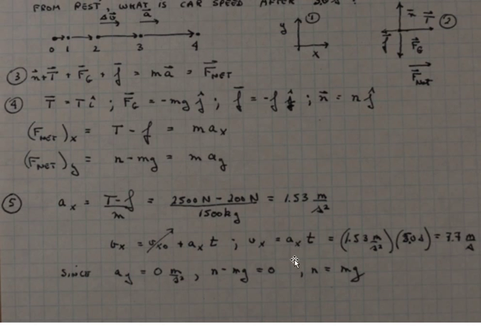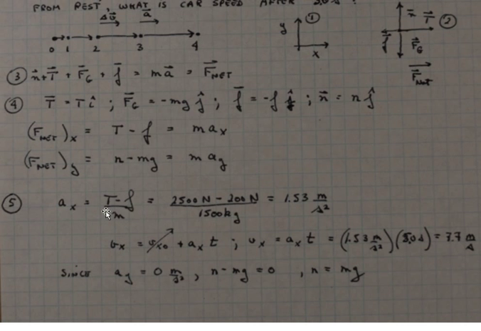The y acceleration in this problem is 0, and so the y equation, to finish this up, even though it's not required for the question that's posed, a sub y would be 0, which means N minus mg would be 0, and therefore N is equal to mg.